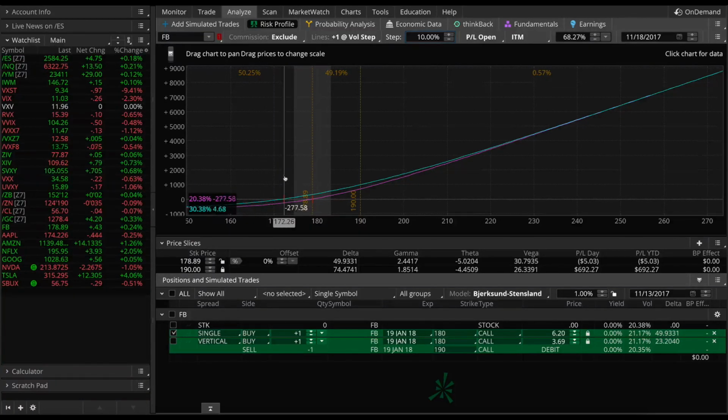Now, when we look at these P&L readings, you can see that the higher implied volatility is going to give us more profits compared to the lower implied volatility reading, and that's just because it is showing us options priced with that added extrinsic value. So at 30% implied volatility, the options on Facebook will have more extrinsic value than they will if Facebook had its current implied volatility of 20%.